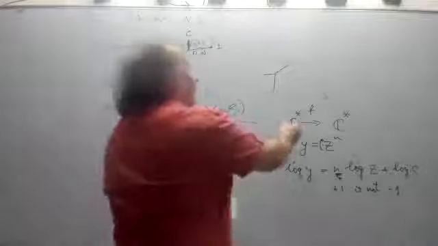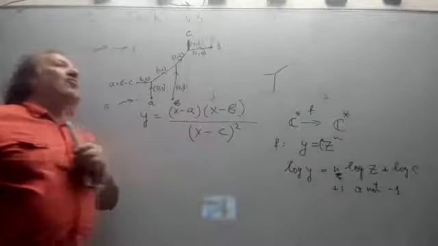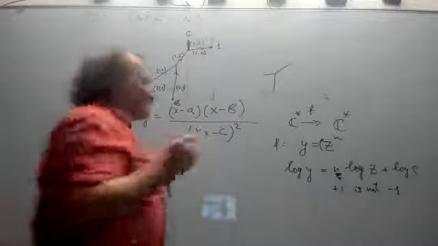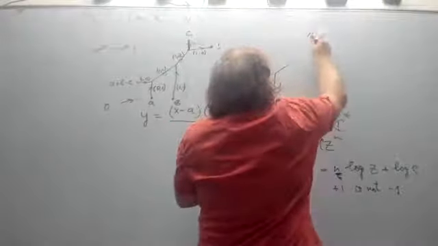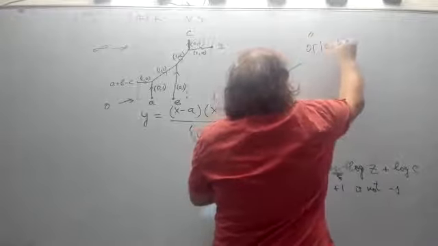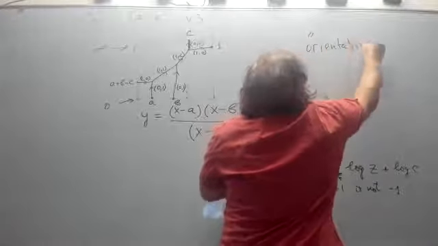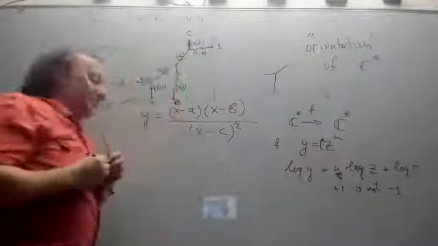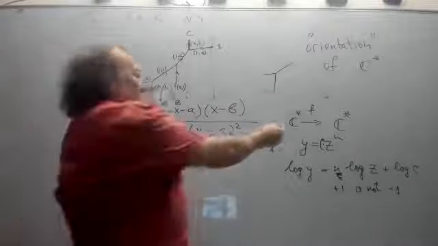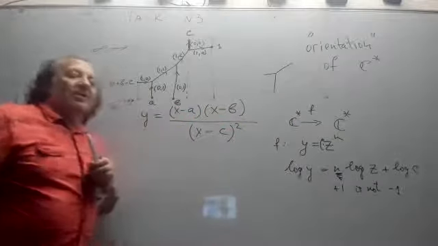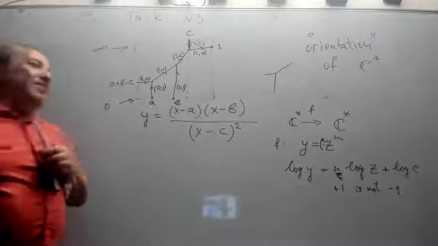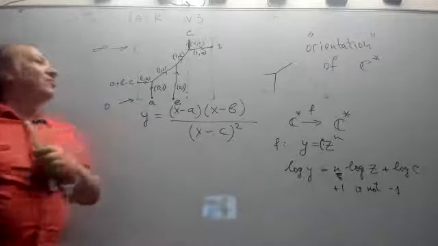So on each of these C star, you can have an orientation. Let me put it in these marks. Orientation of C star. Of course, it's a tropical orientation, okay? Because C star is a complex manifold, it of course has orientation as a two-dimensional manifold.